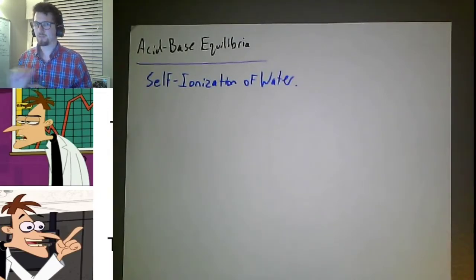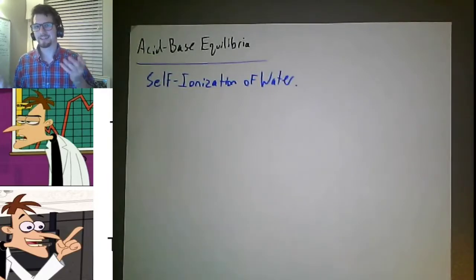Basically, water at all times is having many acid-base chemical reactions with itself. If you think back to what we learned in probably physical science or middle school science, what's the pH of pure water? 7. It's right in the middle, right? The pH of water, it's not acidic and it's not basic. Well, when you look deep down enough, it's actually both. And the fact that it's both means it's balancing and canceling each other out.